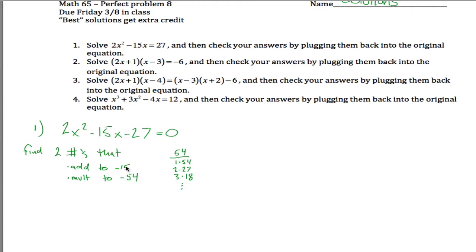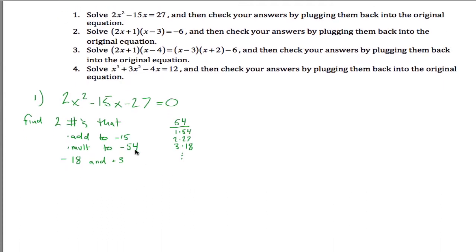If they're going to multiply to a negative number, one has to be negative, one has to be positive. So taking this third group, if we make the 18 negative, negative 18 and positive 3, we've finished step 1. We found two numbers that add to negative 15 and multiply to negative 54.